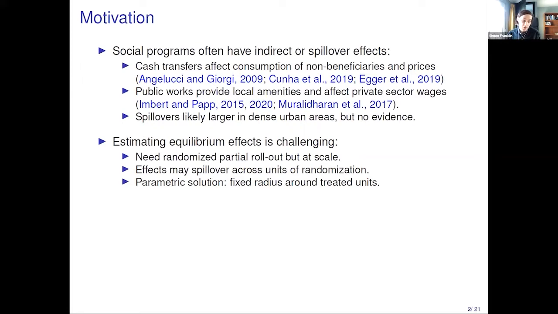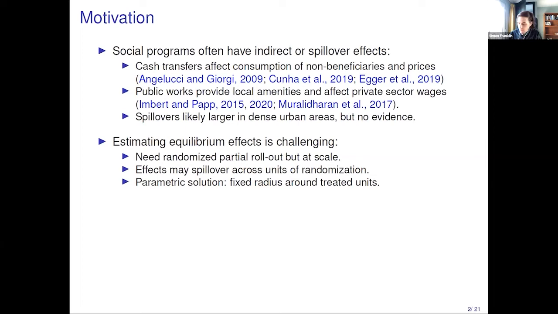And that's the first challenge that's been hard to get for these kinds of programs anywhere. But we think there's an additional challenge, which is that these effects may spill over across units of randomization. So in rural areas, we might not think of this as such a big problem. One rural district might be hundreds of kilometers away from another, and therefore not likely to really be affected by that district being treated.